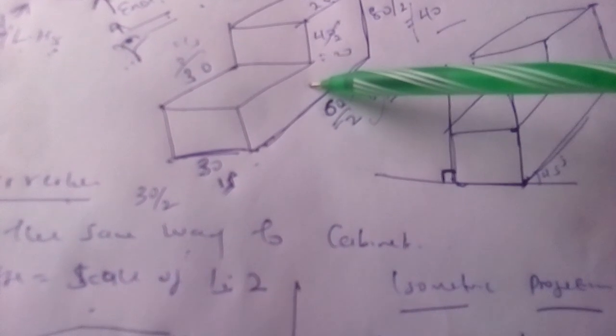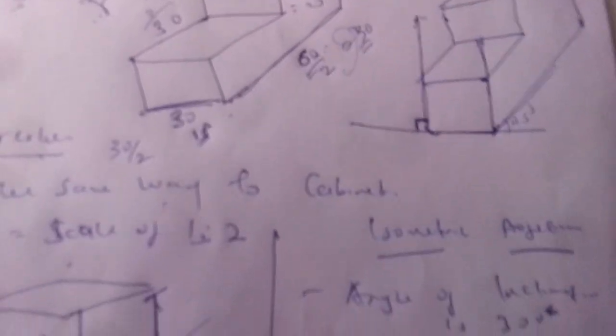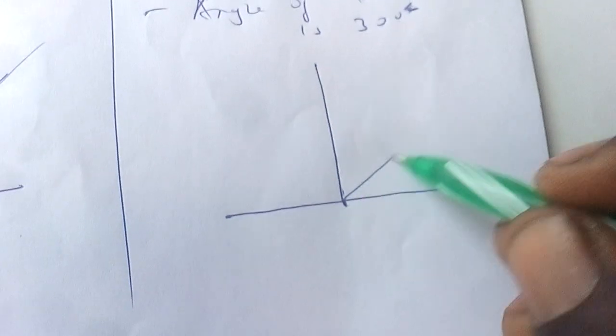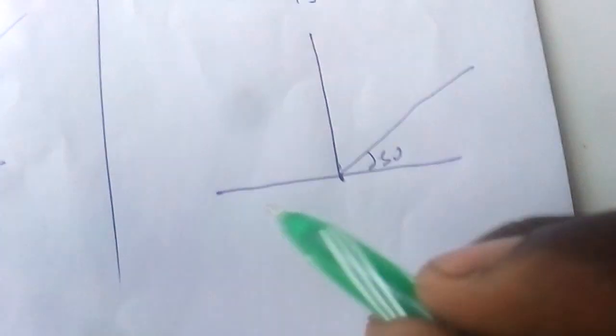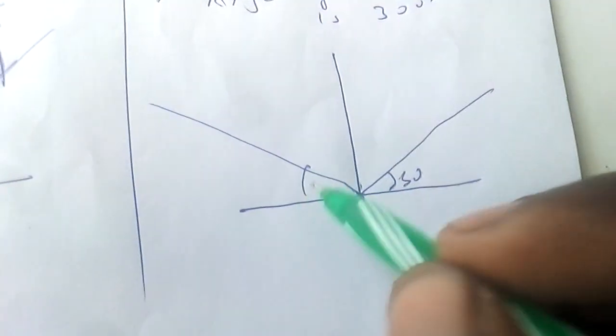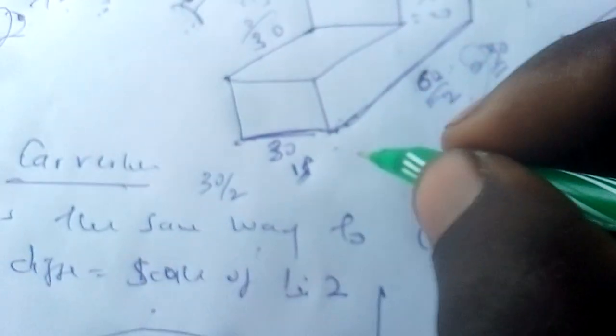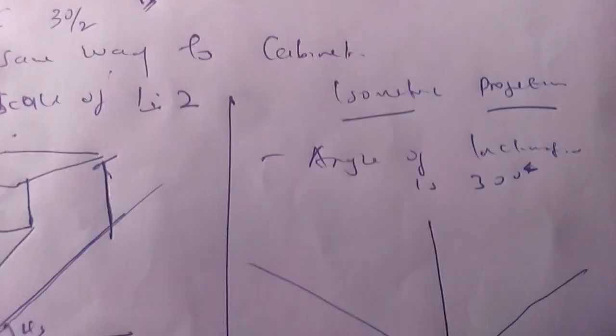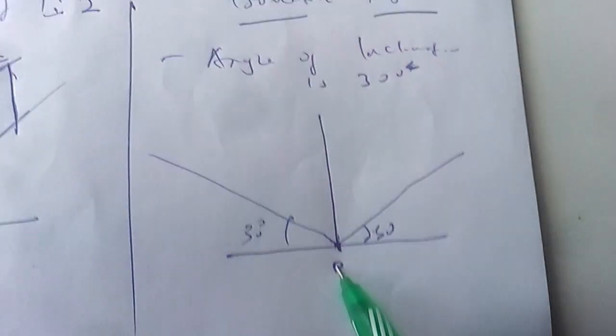You draw your horizontal line, then your perpendicular line, then you draw 30 degrees inclination on both sides. You start at the lowest point, let's give it point P.